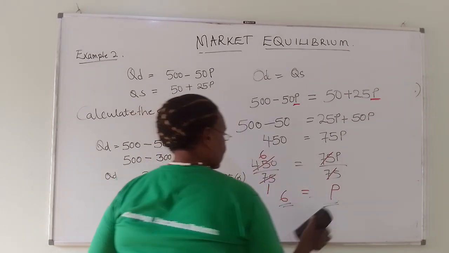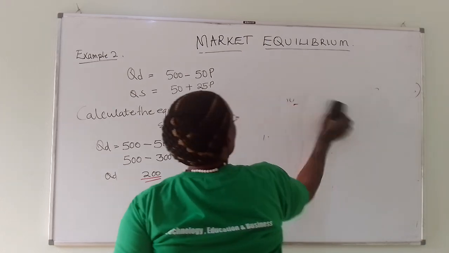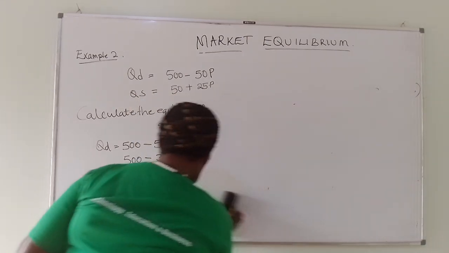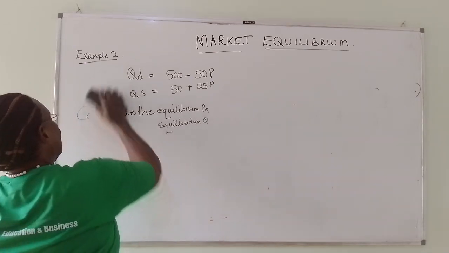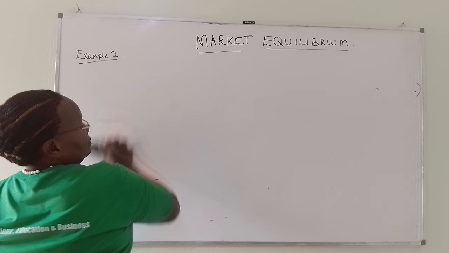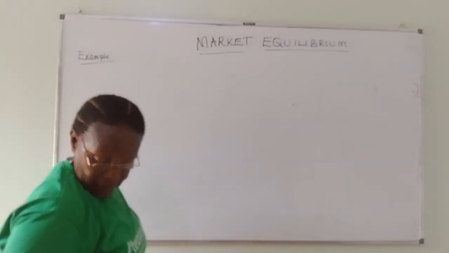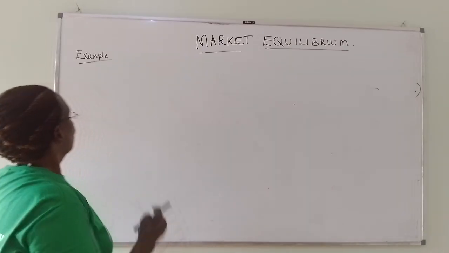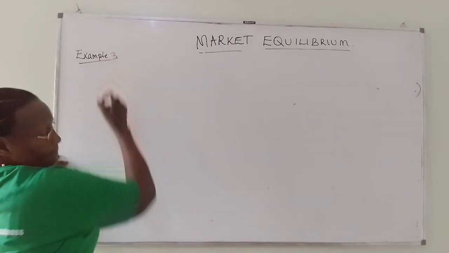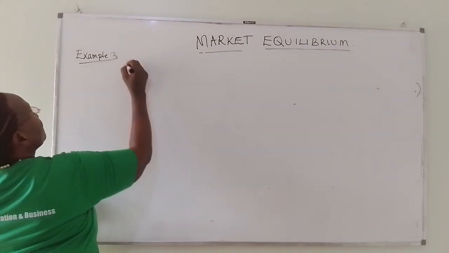Let's do one last example before we go to something else. Which you would have calculated yourself, but you have as many as you want in the textbooks. Example 3 is telling us to calculate again.